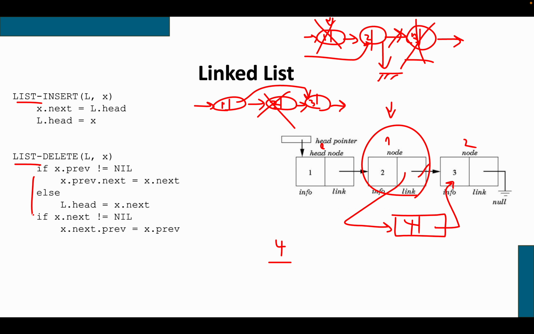And the other problem is that, as you can see here, for each value in a linked list, we have 2 cells of memory. One is for the value and the other is for the pointer.